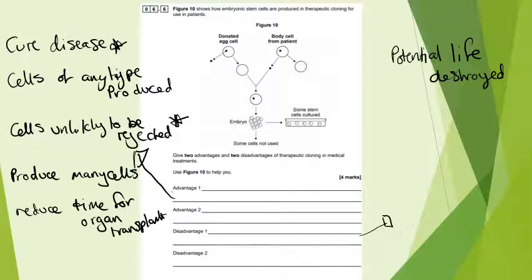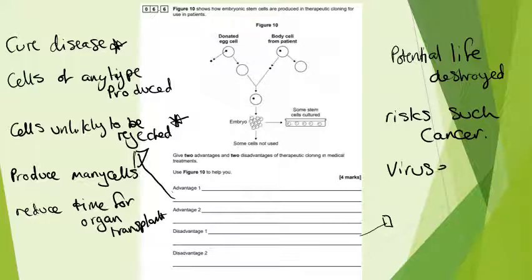We've got the fact that there are risks we don't know about. So such as this idea of cancers from this uncontrolled growth. We've got as well the fact that we may transfer a virus. Remember, viruses could be present within these cells that we're replicating.